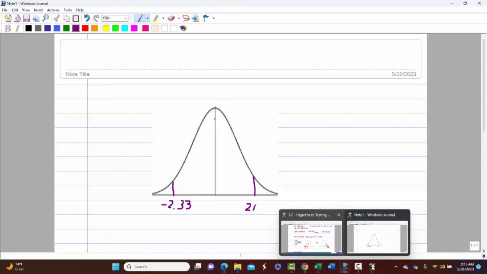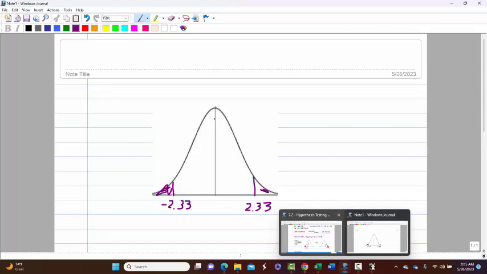I tried to do the decimal. Okay, it's 2.33. Well, I better erase it. All right. So there's your rejection region.